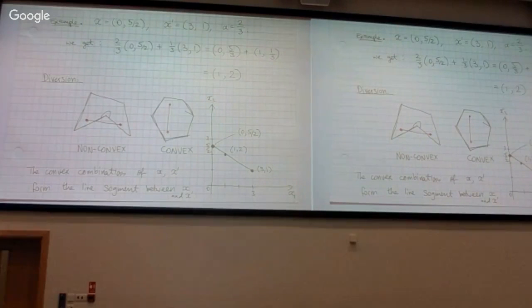You pick your alpha to be 0, you get 3, 1. Pick it to be 2/3, you're closer to the first point. You get the center of the line segment when your alpha is 1/2, and as your alpha gets close to 0, you get close to this point. So that's how it works.